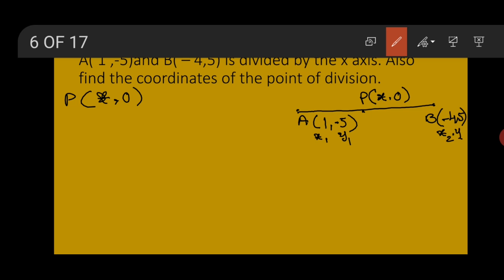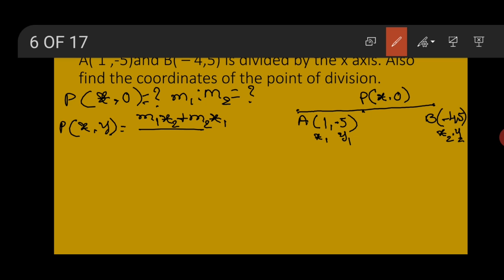We have to calculate this ratio and also coordinates of point P on x-axis. Now this is x1, y1, x2, y2. So we have to find first m1 is to m2 and coordinates of point P also.